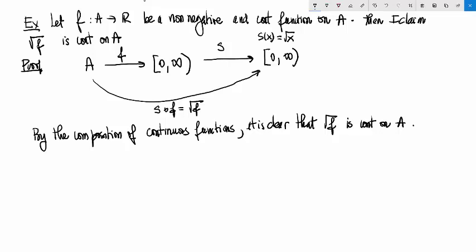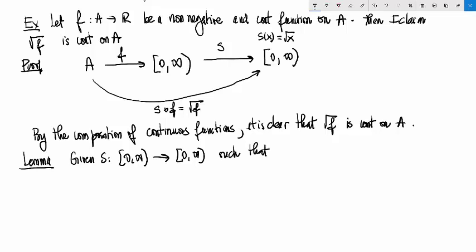All right, so clearly this proof hinges upon the fact that given s, which is mapping the non-negatives into the non-negatives, such that s of x is equal to square root of x, then s is continuous. And I will leave the proof here as an exercise.